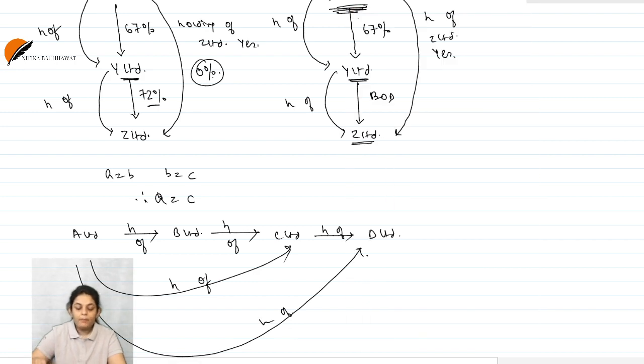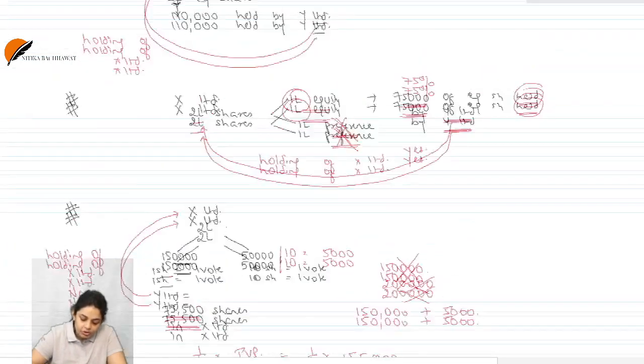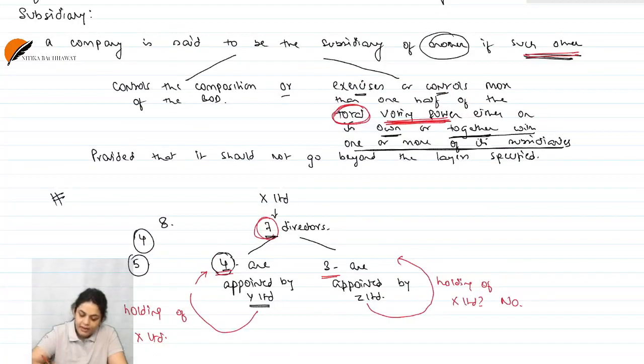But because of this overlapping, what happened? Two things were happening. Either people were indulging in fraud, or because of layers, we were not able to track where our investment actually is. So for that reason, the government said it should not go beyond the layer specified, and they specified the layer as 2.